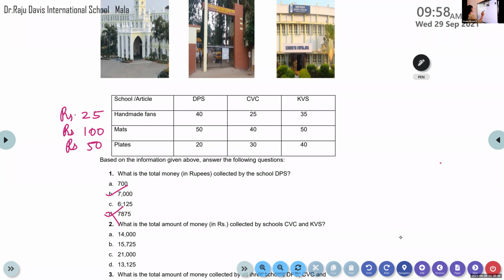So what is the total mat sold by them? 60 into 25, then plus 90 into 100 plus 70 into 50. Multiply this and add, you'll get the answer. Total amount collected by CVC and KVS.